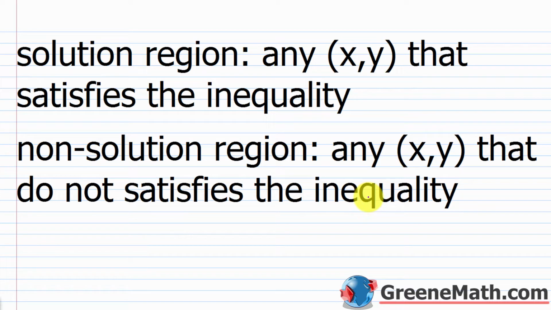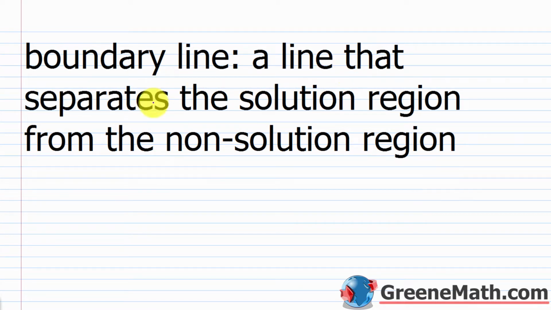These regions are separated by something known as a boundary line, a line that separates the solution region from the non-solution region. The key thing to understand is that this boundary line can be part of the solution or not part of it, based on the type of inequality.